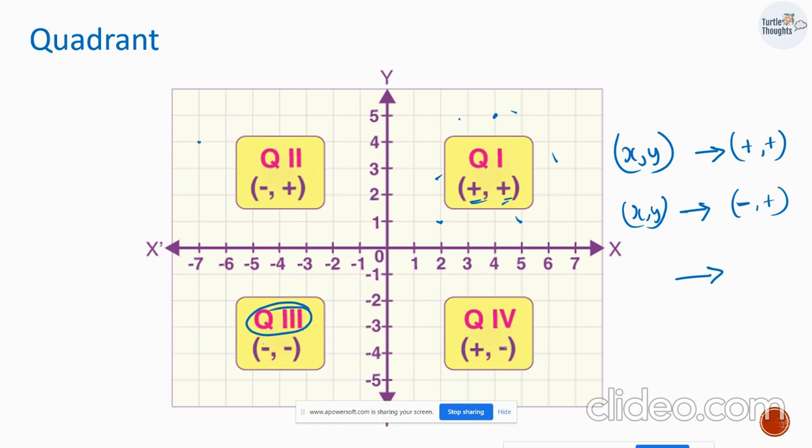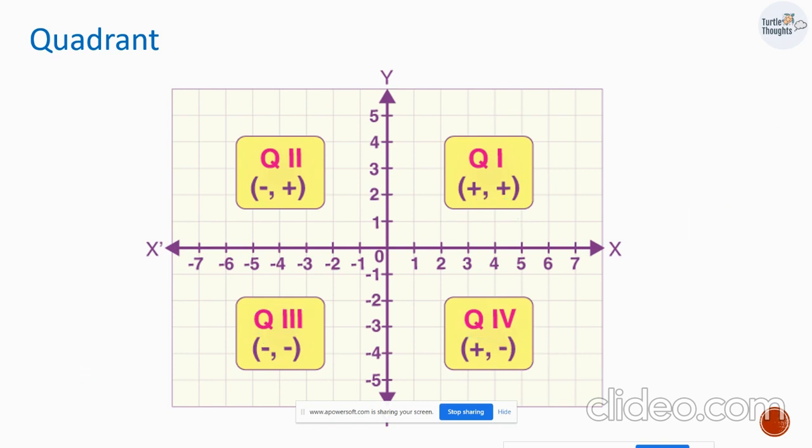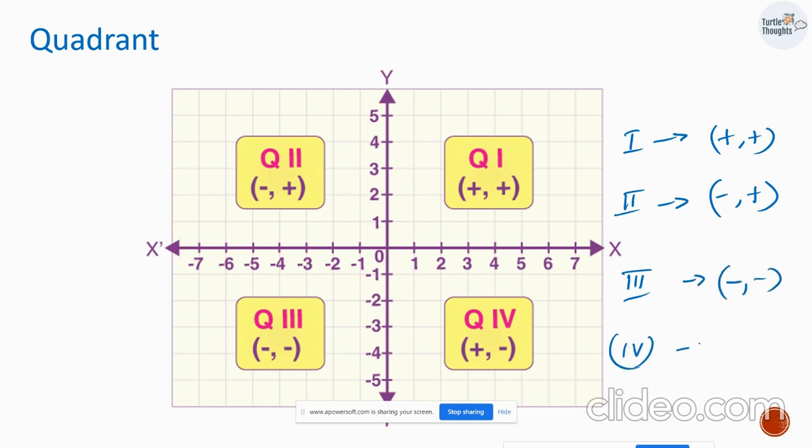Similarly, plus and minus, x is positive and y is negative, it will lie in the fourth quadrant. So based on this, you can get your questions. I'm going to repeat again. First quadrant, plus and plus. Second quadrant, minus and plus. Third quadrant, both minus. Fourth quadrant, x positive and y negative.